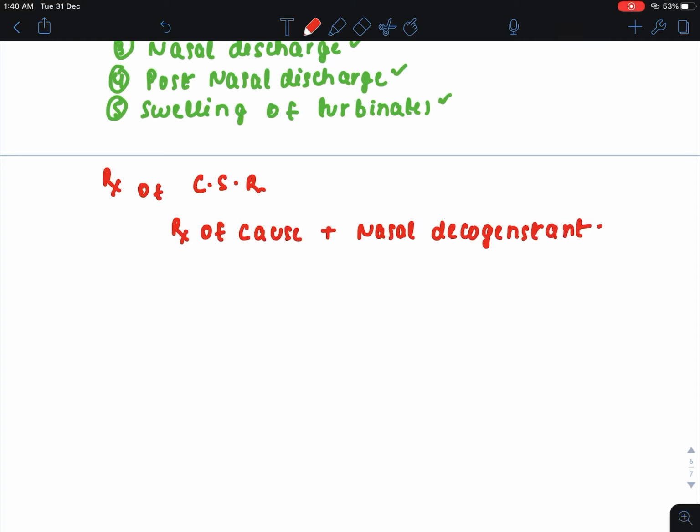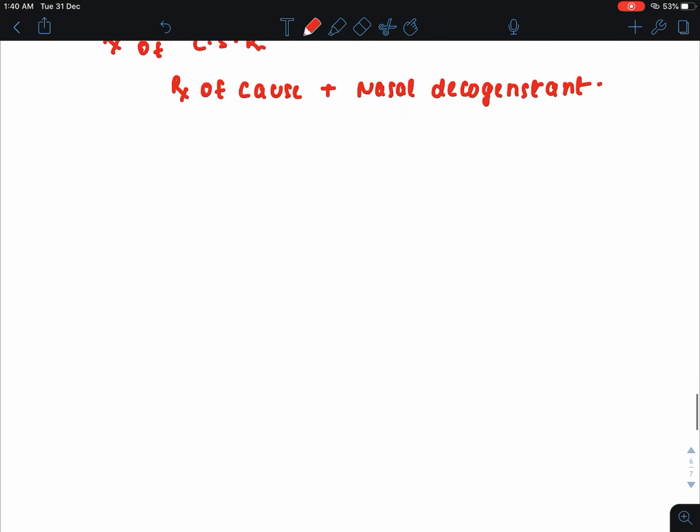Now we will talk about nasal decongestants. The nasal decongestants which we give are alpha 1 agonist drugs.